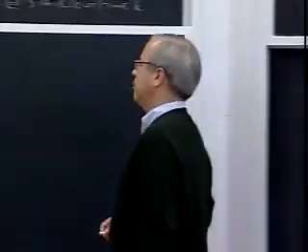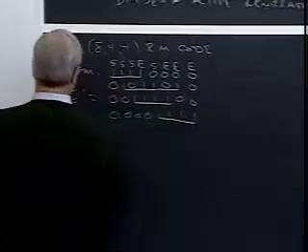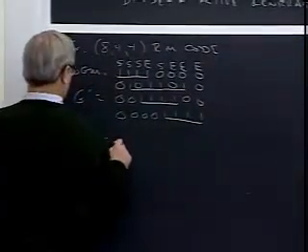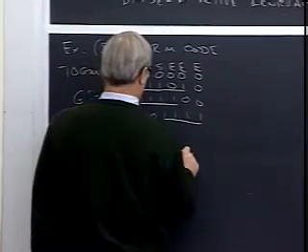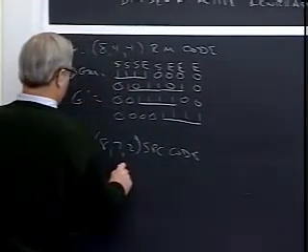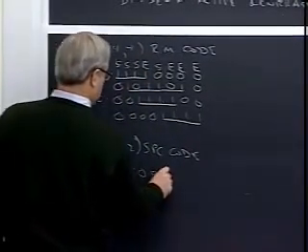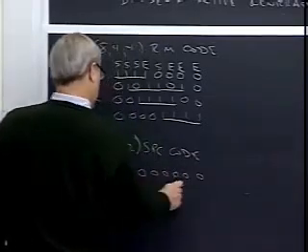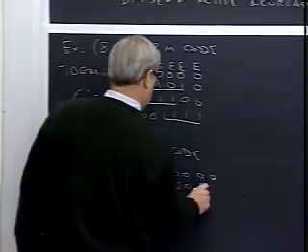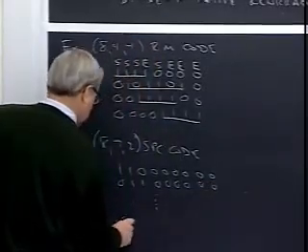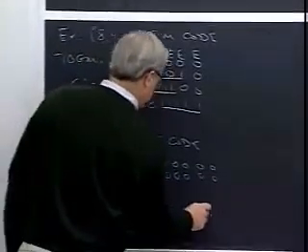For instance, another example that we've used is the (8,7) single parity check code. What are its generators? Its generators look like this, down to 0011.